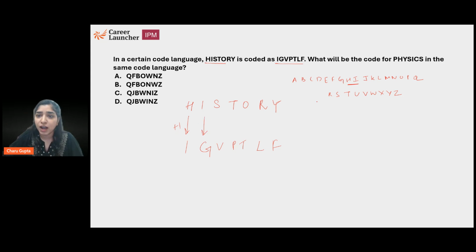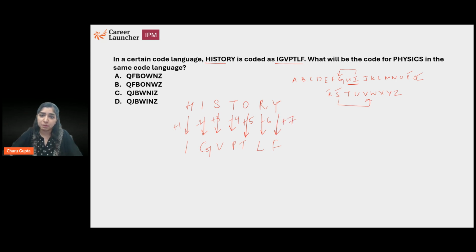Now let's check I and G. It's going two places backwards. Now let's check between S and V. It's going three places forward. I think I've gotten my pattern. T and P. It's one, two, three, and four. We are going four places backwards. So I think plus one, minus two, plus three, minus four, plus five, minus six, and plus seven. That is what my pattern has to be.